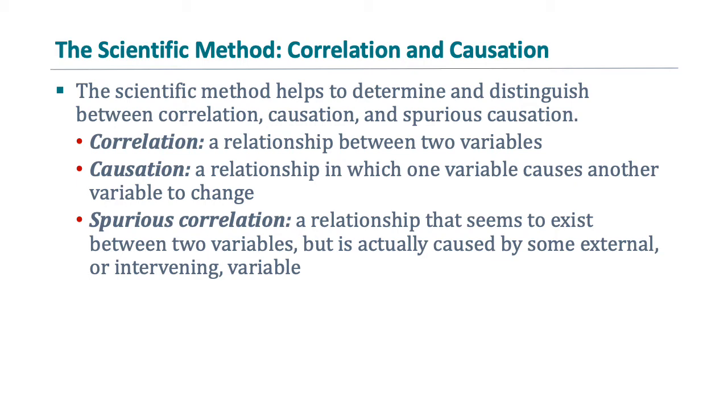Senior citizens also like warm weather. So there's this third variable, which is temperature, that you didn't think of at the beginning. So in the end, this example is actually an example of a spurious correlation. There is a relationship between palm trees and senior citizens, but it's based on the fact that they both have a relationship with a third variable, which is temperature.